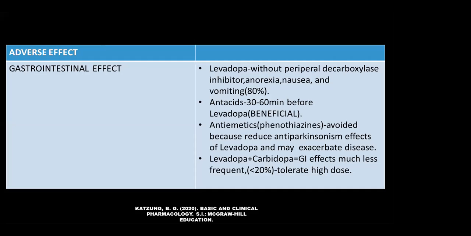Antiemetics such as phenothiazines are avoided because they reduce the anti-Parkinsonism effects of levodopa and may exacerbate the disease. If levodopa is given in combination with carbidopa, gastrointestinal effects are much less frequent, and fewer than 20% of patients cannot tolerate high doses. Next slide.